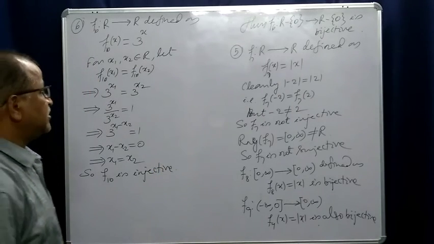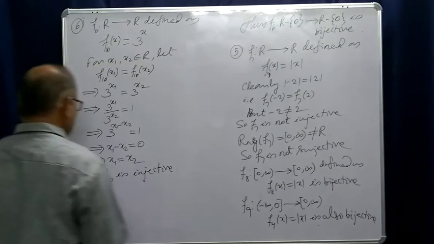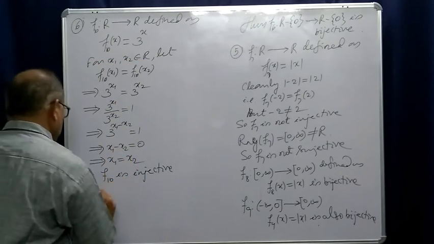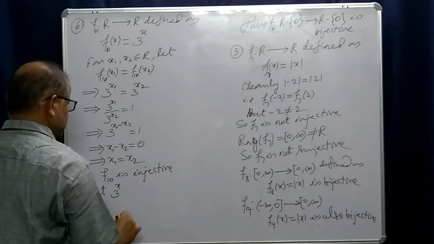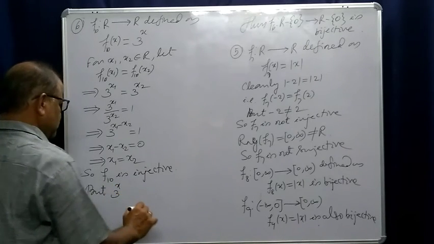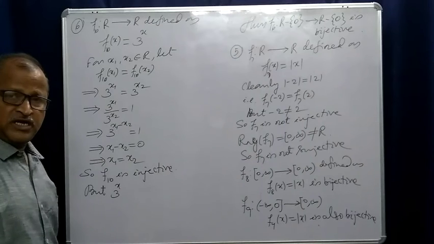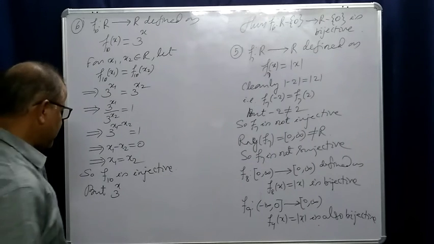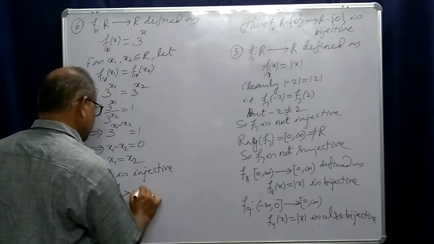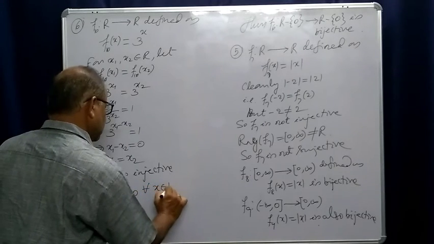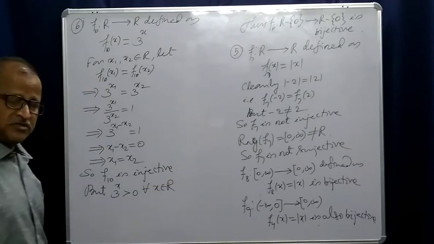But it is not surjective. How? Because 3 to the power x is always greater than 0 for all x belonging to R. It is positive.